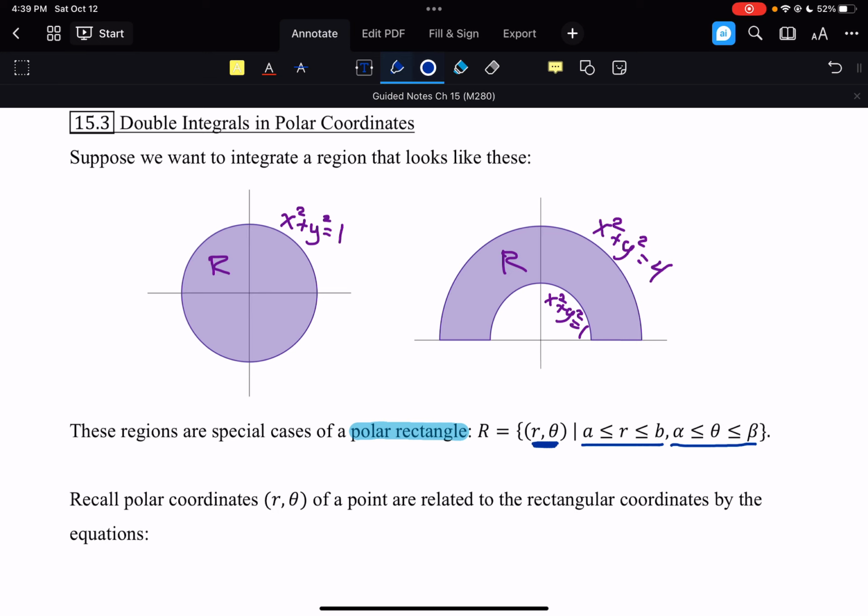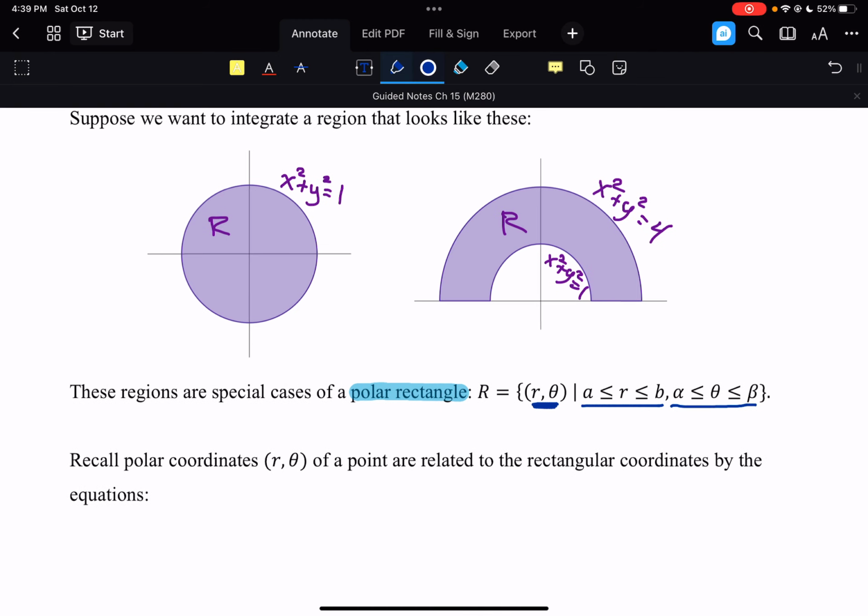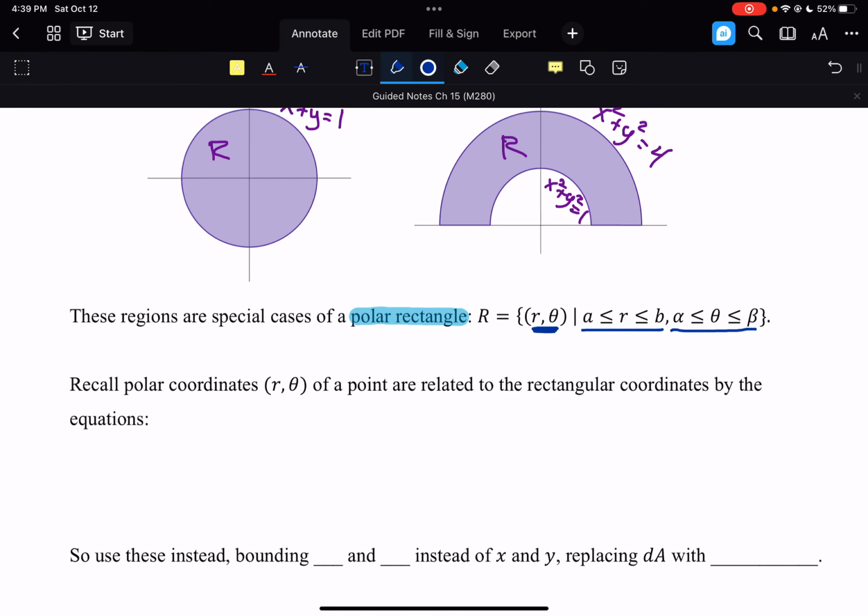And again, we'll see a more formal explanation as to why that is towards the end of this chapter. So recall, polar coordinates of a point are related to the rectangular coordinates using the following equations.